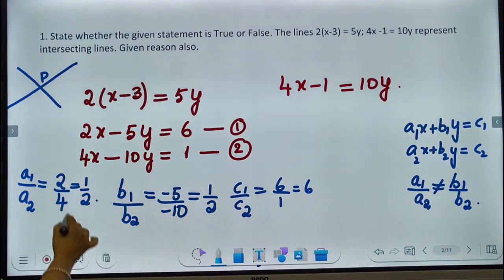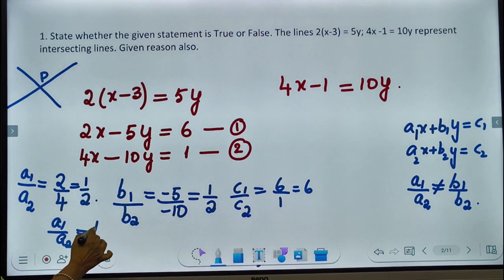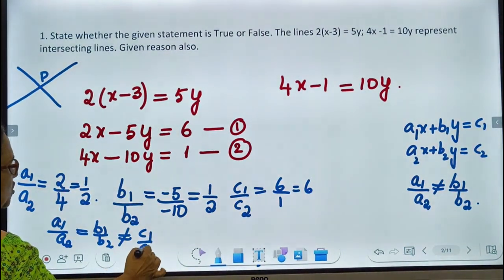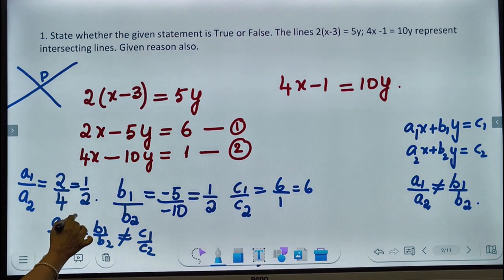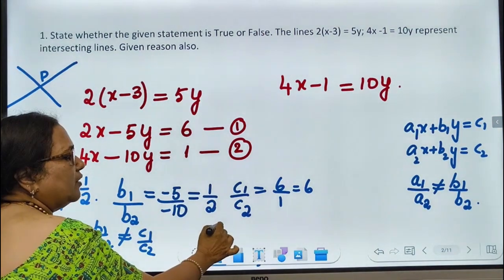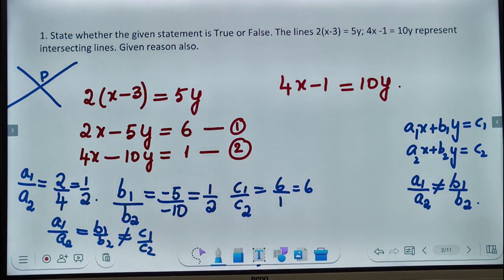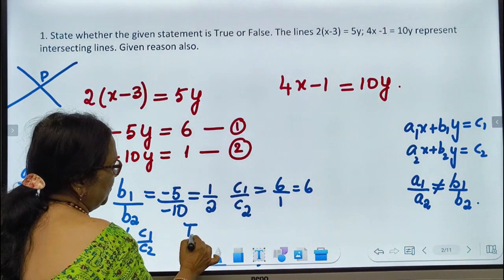So here what you observe is a1 by a2 equal to b1 by b2, not equal to c1 by c2. Because a1 by a2 is half, b1 by b2 is also half, but c1 by c2 is 6. In this case, the lines will be parallel.